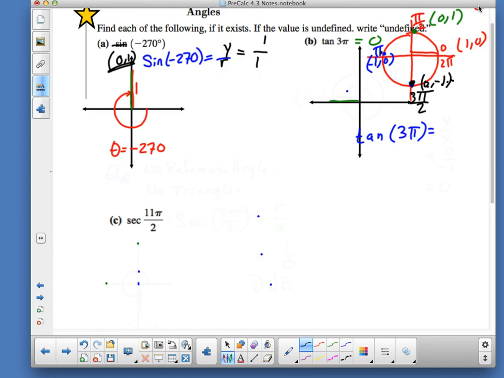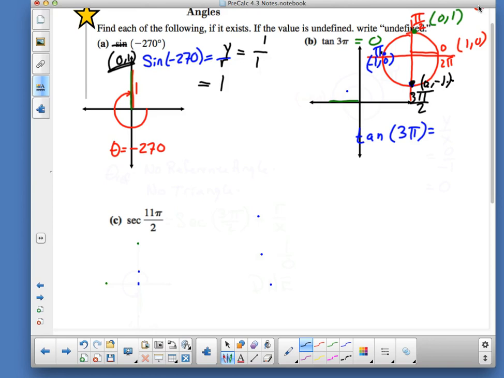My sine is 1 to get there. It's opposite over hypotenuse, so it's just going to be 1. My value is 1. Does that make sense? Yes or no? Okay, we're just talking about the quadrantal coordinates. Yes or no, Grace? I've lost you.